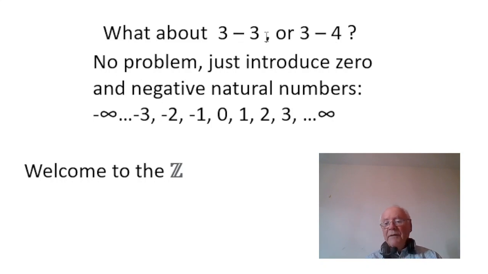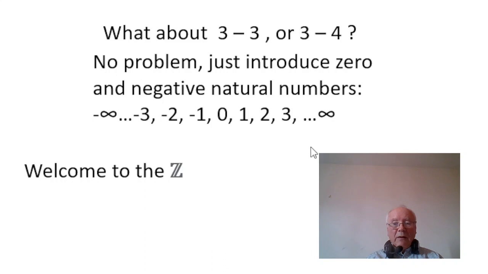And clearly for 3 minus 3, we have to introduce the 0. There's the 0. And for the case where the second number is bigger than the first, we can introduce a clever trick of just putting a minus sign in front of all the natural numbers.